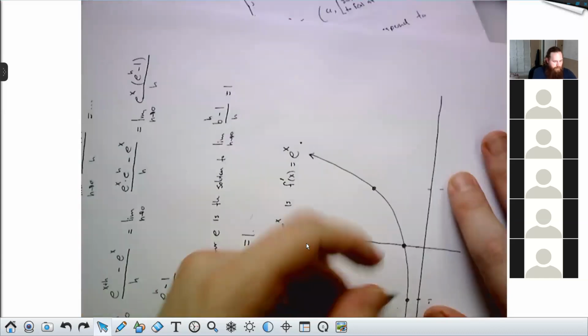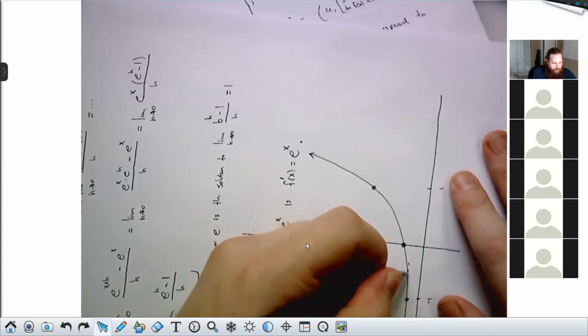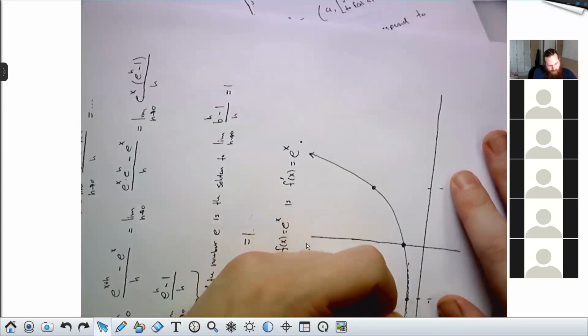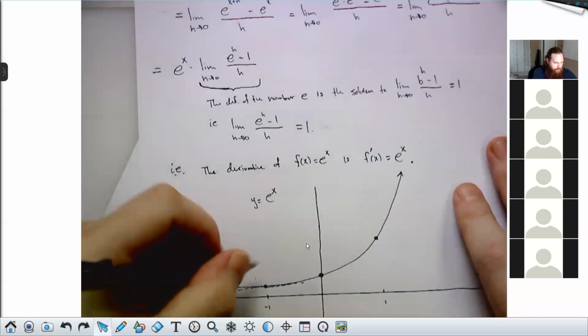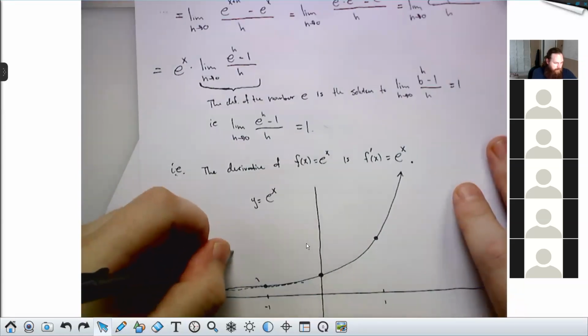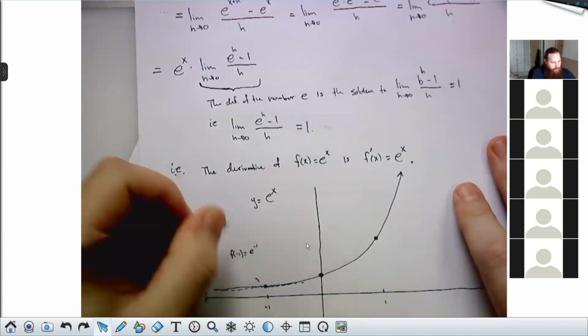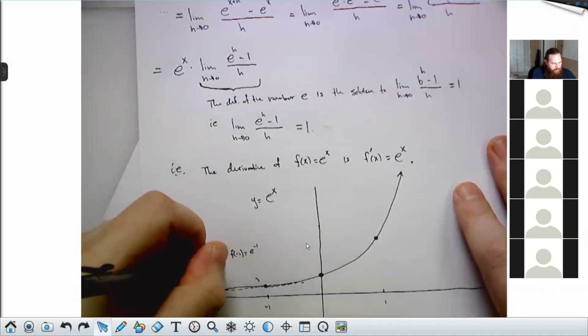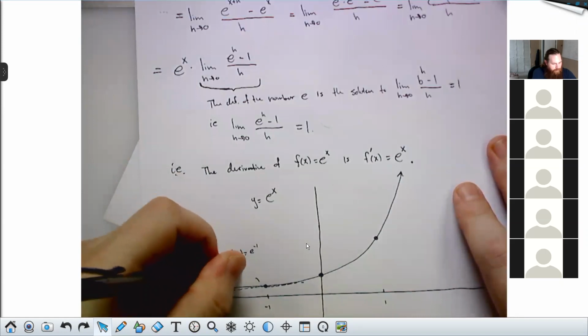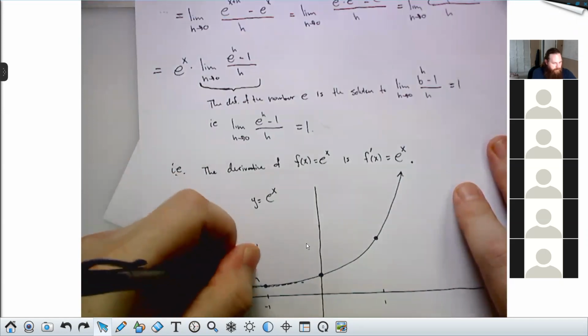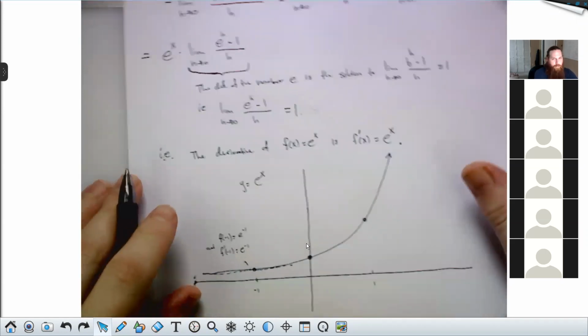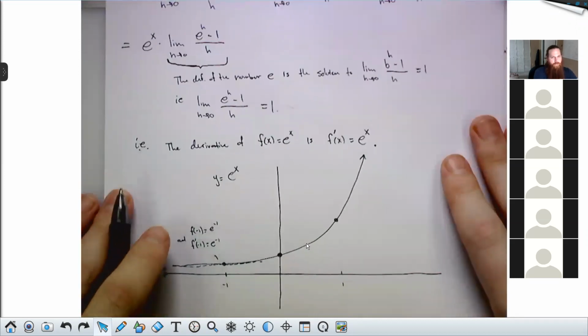The slope of the tangent line here, so here f of -1 is e to the -1, and f prime of -1 is e to the -1. f and f prime are the same for this function.